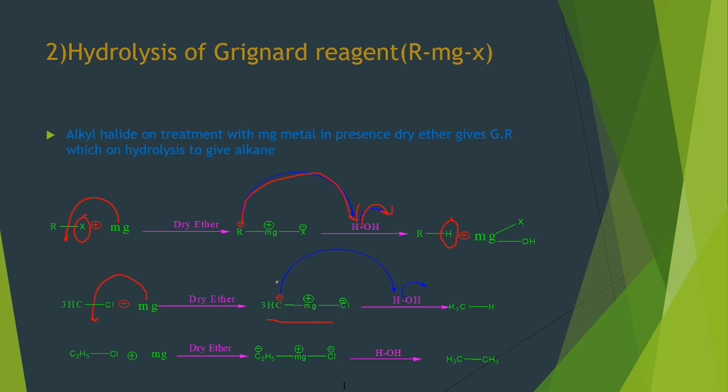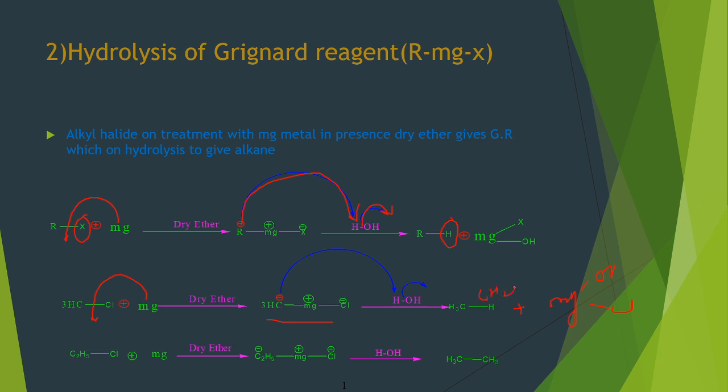After we hydrolyze the Grignard reagent, it will produce alkane. It abstracts the proton from water and CH3 becomes CH4. What remains is Mg with OH and the Cl as it is, that is Mg(Cl)OH.